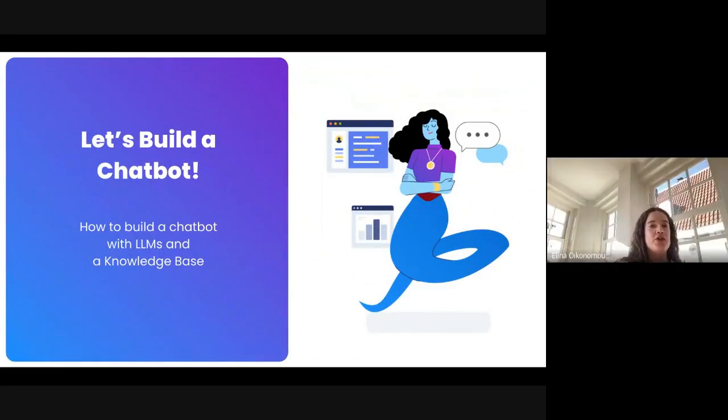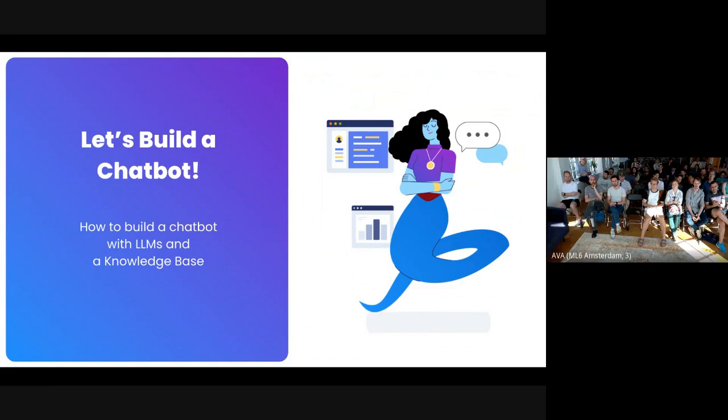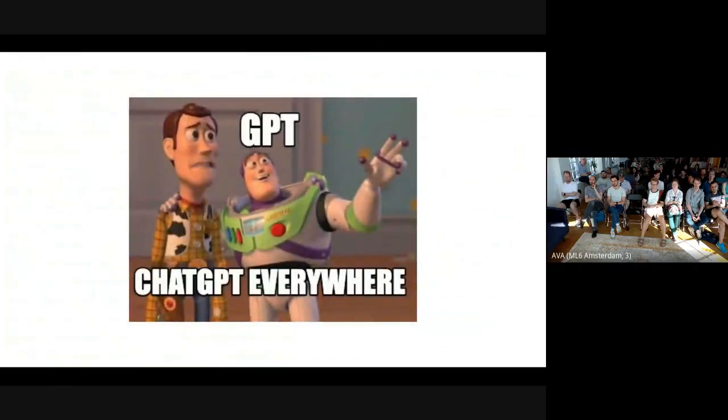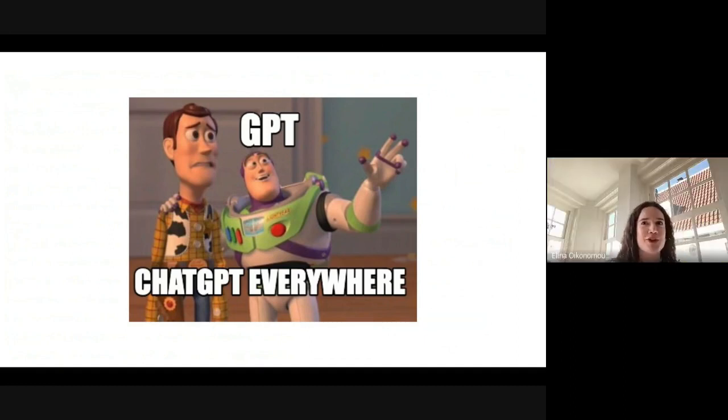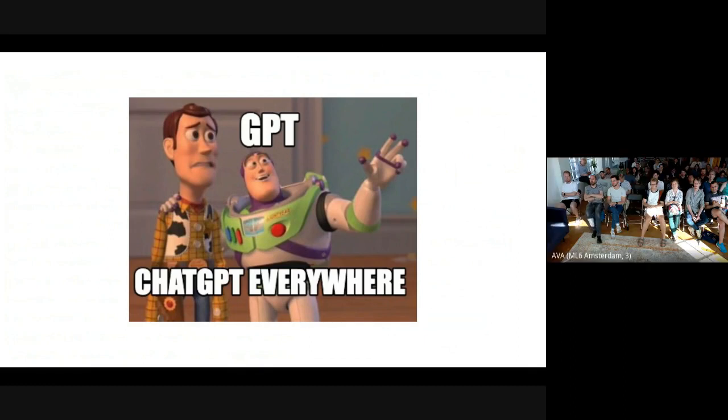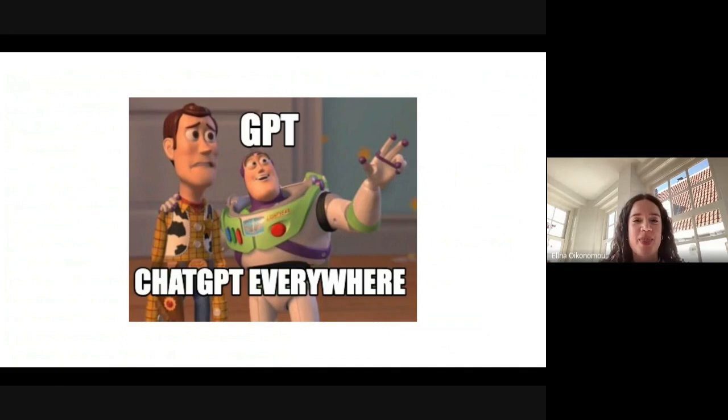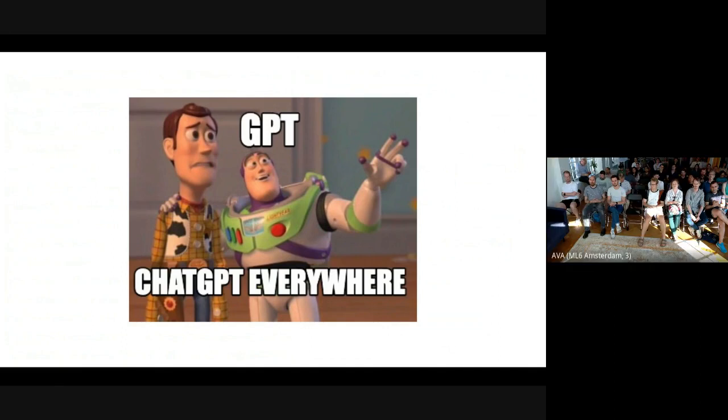All right, so the solution is, let's build a chatbot. So how it started, very simple. ChatGPT was launched, so we said, okay, let's build the chatbot. What enabled that? Obviously, the really friendly conversational interface and the really fast user adoption.